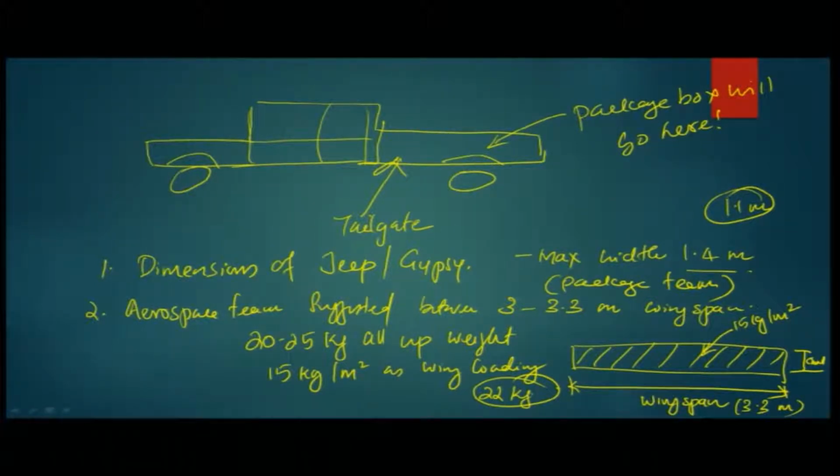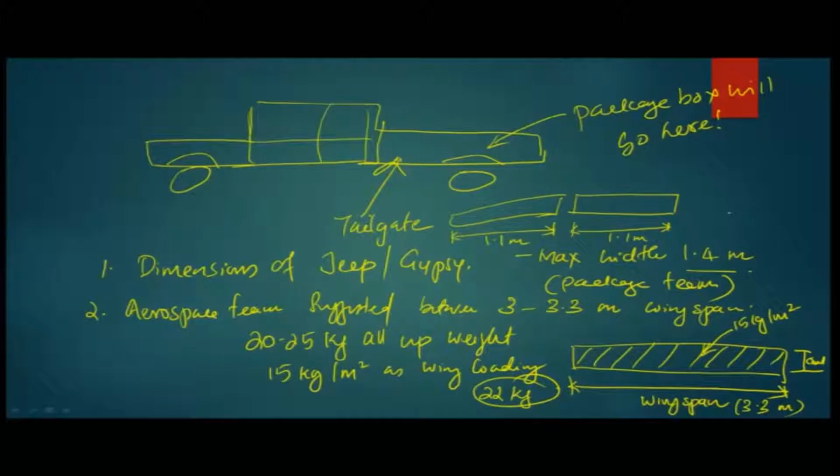The wing shape came to be one part of 1.1 meters, a second part of another 1.1 meters, and a third part of another 1.1 meters. Obviously, if you are making it into 3 parts, then you require connections.